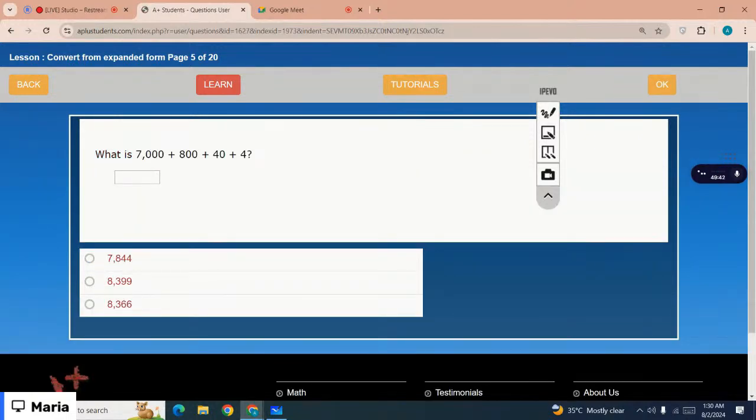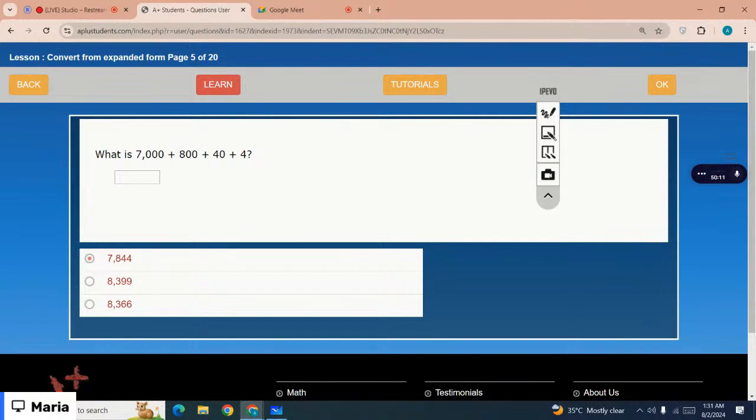What is 7,000 plus 800 plus 40 plus 4? Which is the correct option? Yes, that is 7,844.